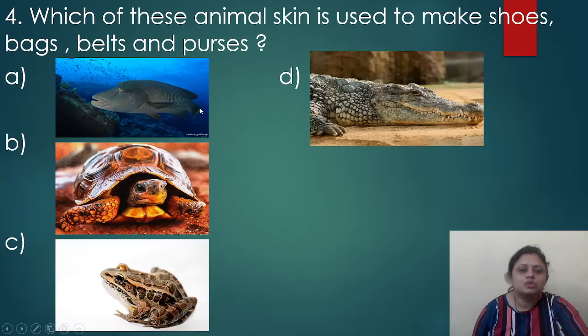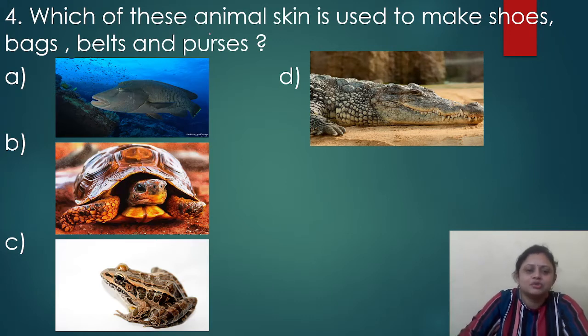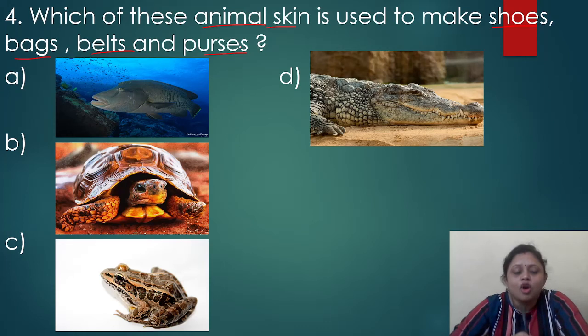Okay. So the next question is, which of these animal skin is used to make shoes, bags, belts and purses? So this is similar to the previous question, right? What are the options given? Option A, fish. B, tortoise.